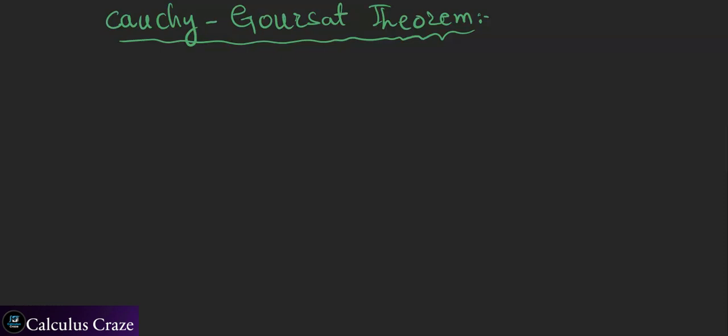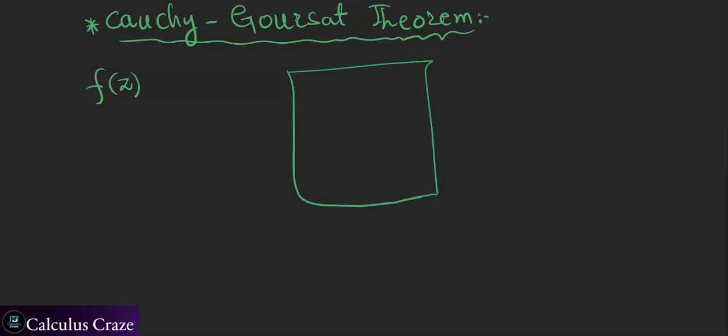So, in simple words, what we are going to see in this theorem is that we will consider a function f of z and a domain. Let's say this is a domain D. Moreover, this f of z is analytic in D, an analytic function.